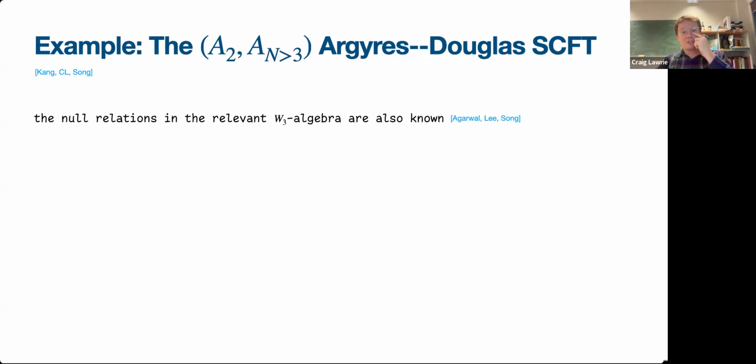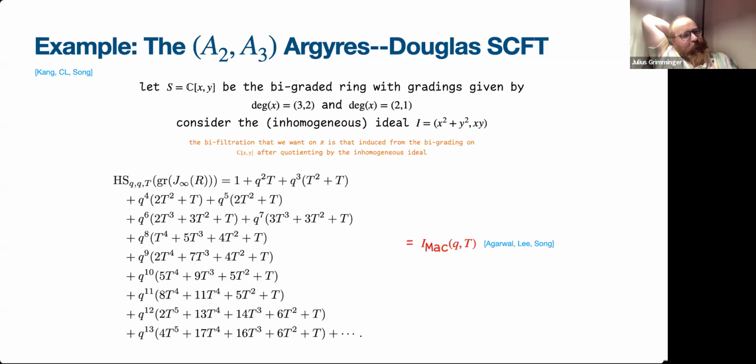Now we can continue to play the same game for the A2AN algebras for larger n. Actually, I have one more question here. The ring that you get out of the VOA is physical, right? You really know the operators in principle which are involved. And then in the jet space, are these still operators, or does it go beyond this?